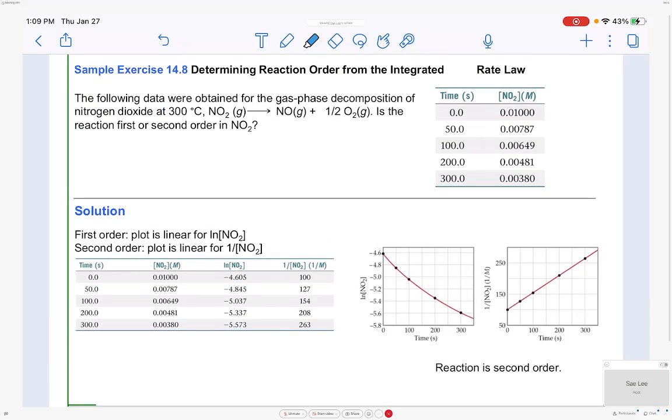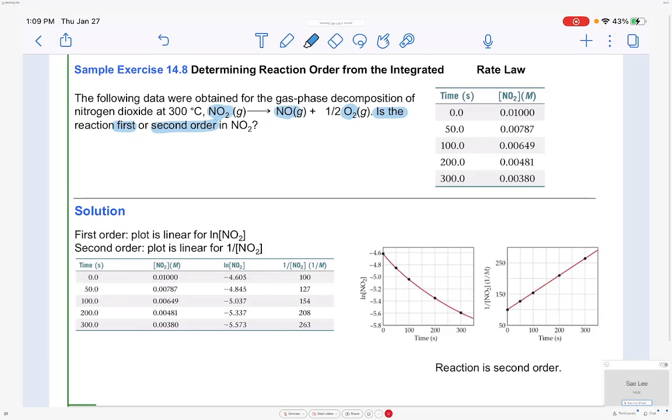All right, let's read the question together. The following data were obtained for gas phase decomposition of nitrogen dioxide at 300 degrees Celsius. Okay, so in this reaction, the nitrogen dioxide is decomposing into nitrogen monoxide and oxygen. The question is asking whether this reaction is first order or second order.